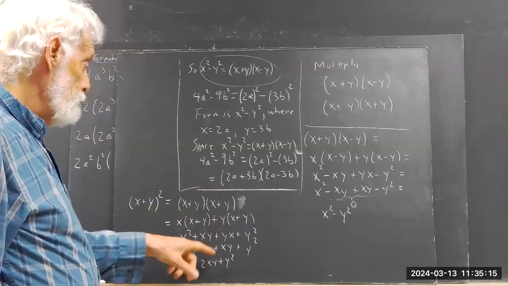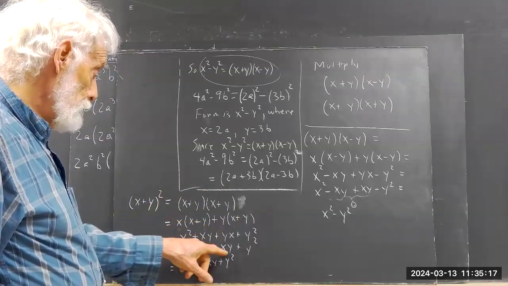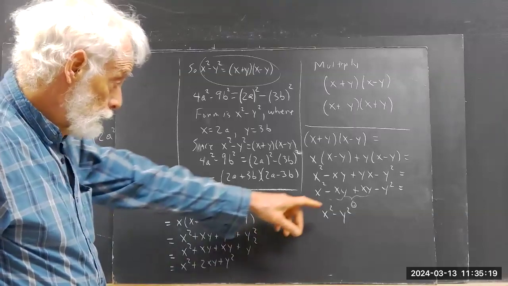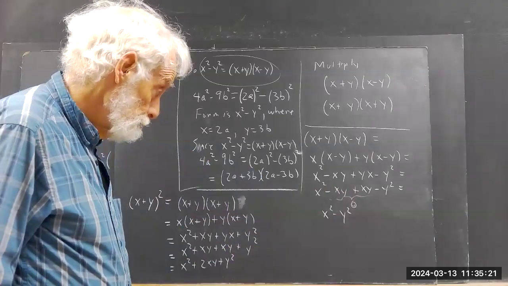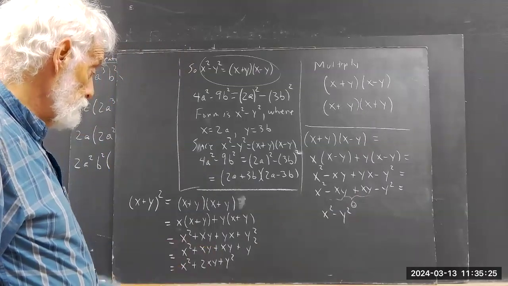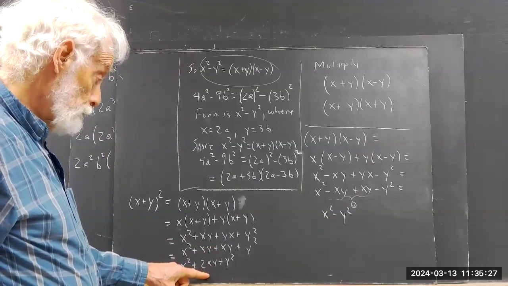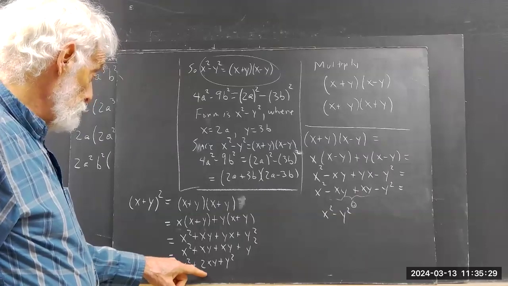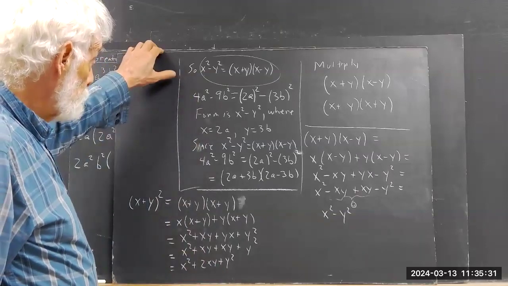Then, since yx is the same as xy, unlike over here, where we had a minus xy and plus xy, we have plus xy and plus xy, so we get plus 2xy. So we have x squared plus 2xy plus y squared.